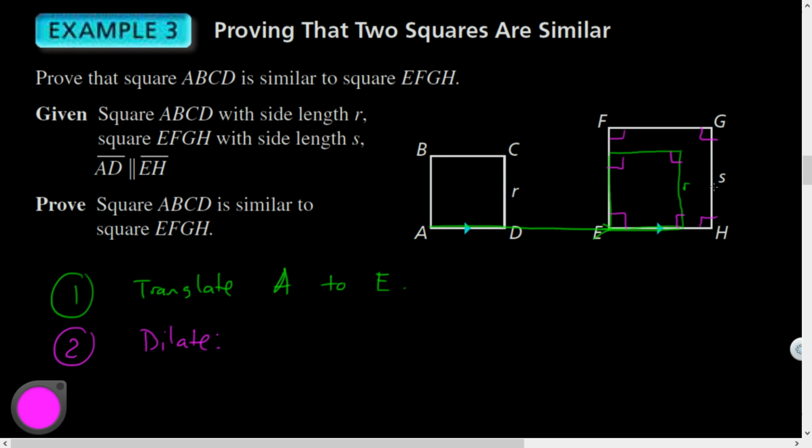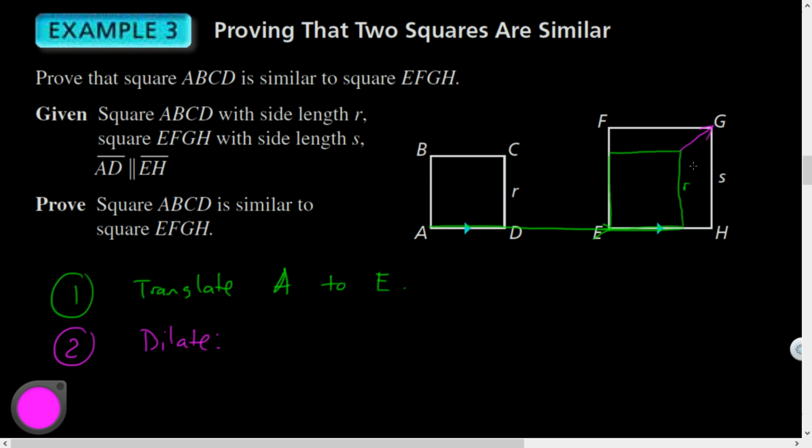Yeah, it seems like you've got some additional information about squares and their angles, and I would agree. But we're talking about finding a similarity transformation, a non-rigid transformation, that would preserve the angles while the sides would be slightly different.